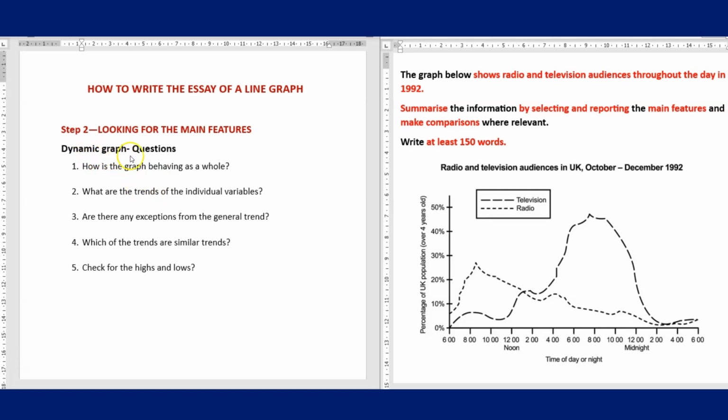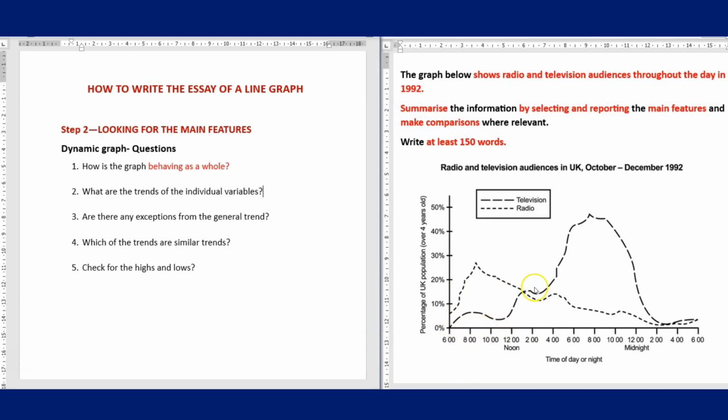When you're dealing with a dynamic graph, these are some of the questions you can ask yourself. First of all, how is this graph behaving as a whole? When you look at it at a glance, totally, how do you see the graph behaving? You can see from here that the television and radio just went up and came down.